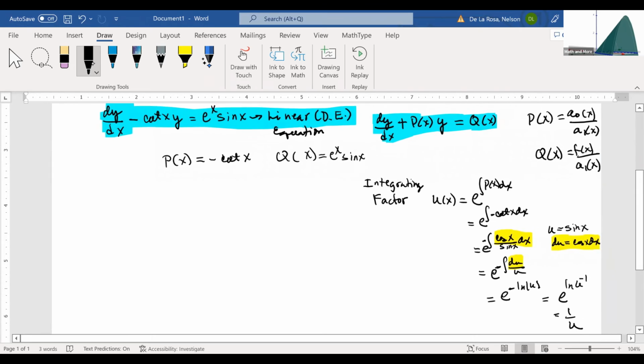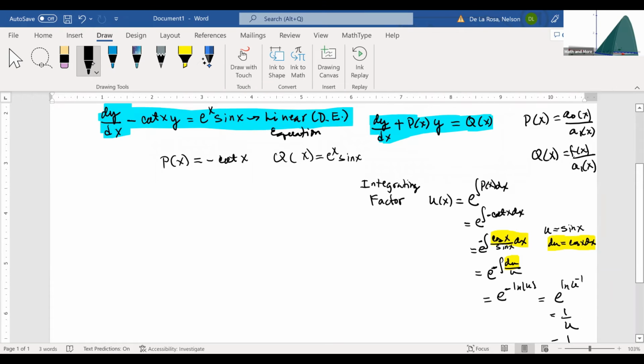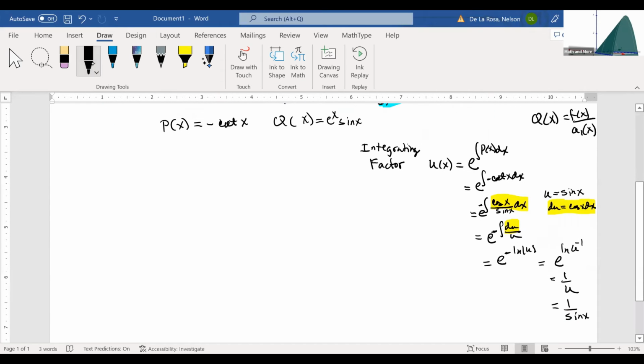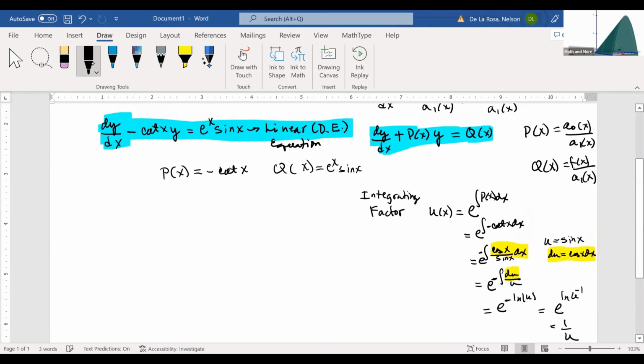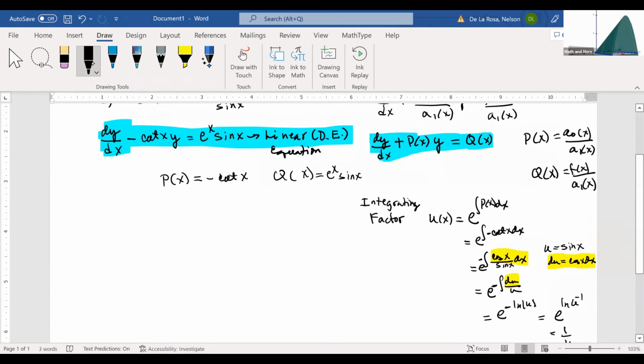It is the moment now to multiply. 1 over sine of x is equivalent to cosecant of x. So the next step is to multiply our linear equation by the integrating factor.